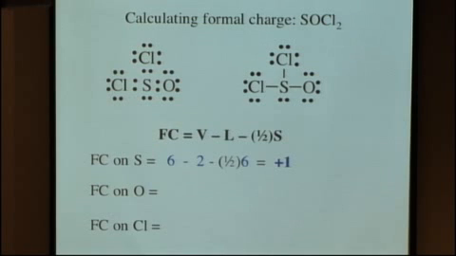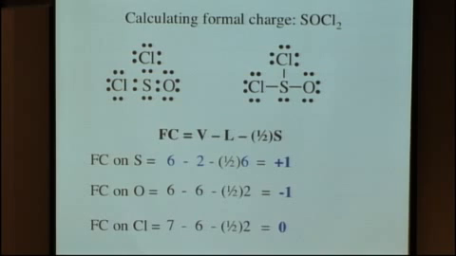If we go to the oxygen atom, we start with 6 valence electrons again. But instead of 2, you can see we have 6 lone pair electrons around the oxygen, minus 1/2 of 2, so we have -1 as our formal charge.